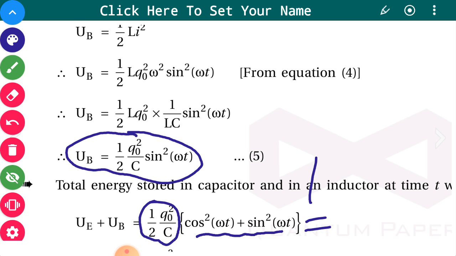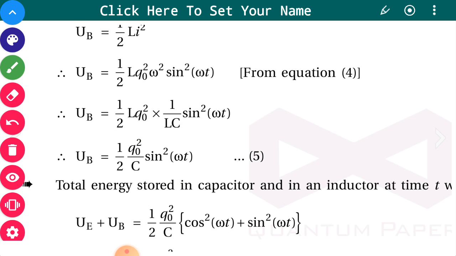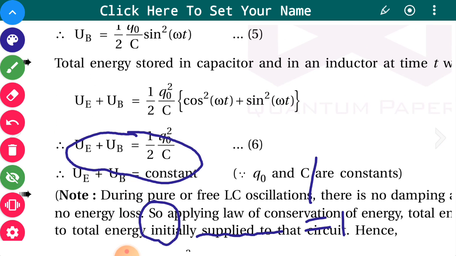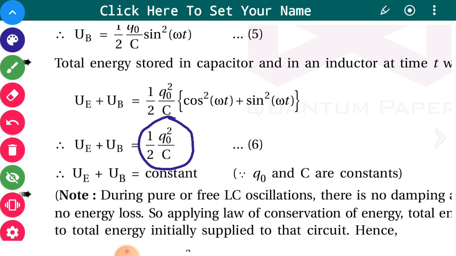This is nothing but cos square theta plus sin square theta, which is 1. So UE plus UB, the total energy which we got, is 1 by 2 q0 square upon C, which is nothing but the initial energy associated with the capacitor when the capacitor was charged and no inductor was connected. So total energy remains constant at any time. Okay.